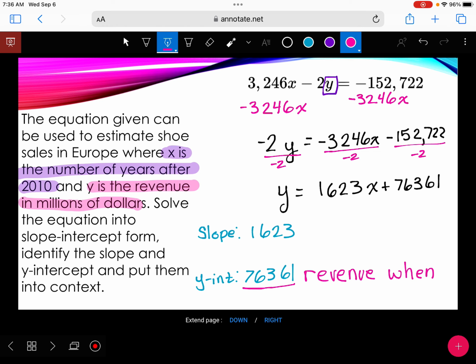I know my y-intercept is at 76,000, somewhere way up here. 76,361. What do I know about the x for my y-intercept? What's the x value of that point? If it's on this y-axis, what's the x value? 0.